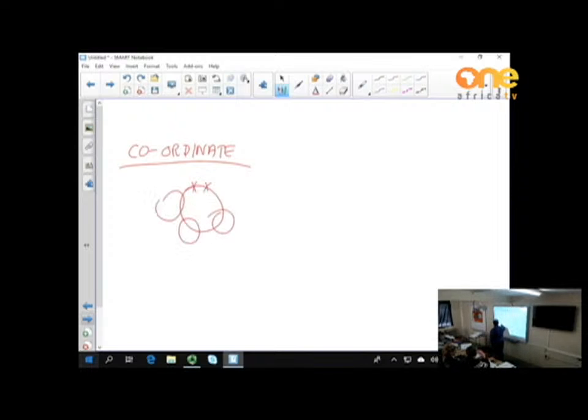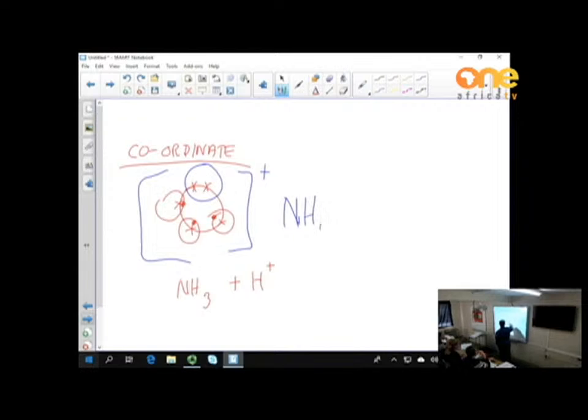Okay, there and there and there and there. So this is NH3. It can gain a proton, and where will the proton go? There, making NH4.